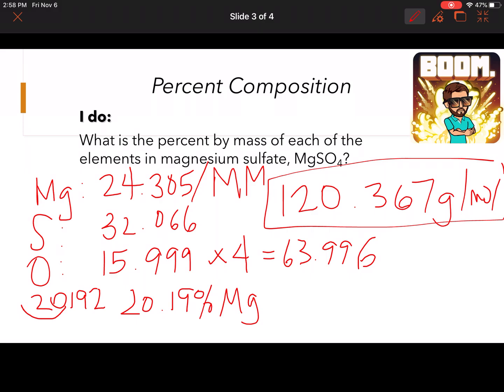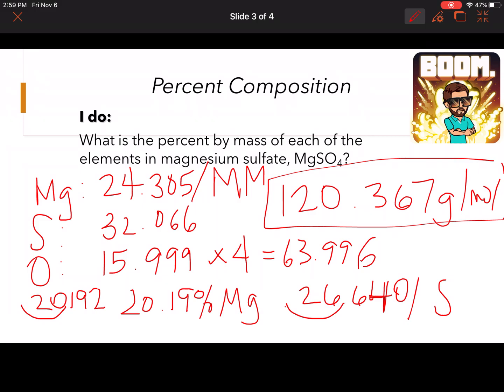Okay, sulfur, 32.066 divided by 120.367, and I get 0.2664. Oh, that's a 4, guys. Can you tell? Okay, multiply by 100, and I get 26.64% sulfur.